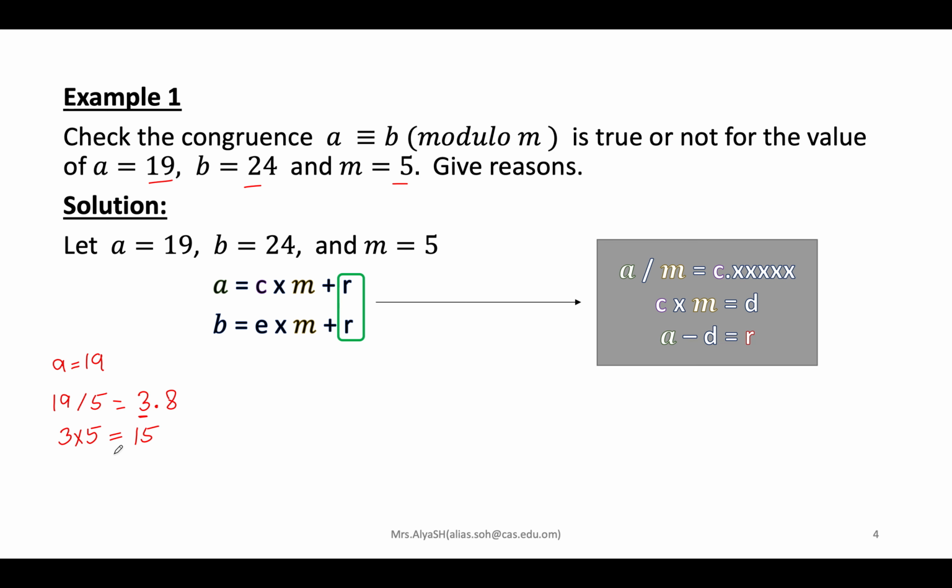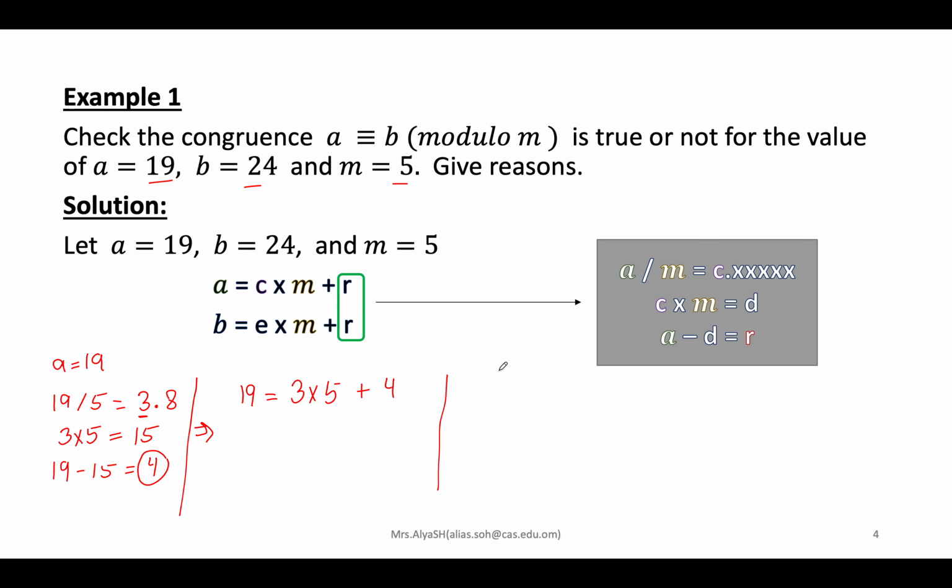Now to find the remainder, we just need to subtract 15 from 19, and we got the remainder as 4. Here is the remainder. So let's convert those steps to the following equation. I got here that 19 equals 3 times 5 plus 4.